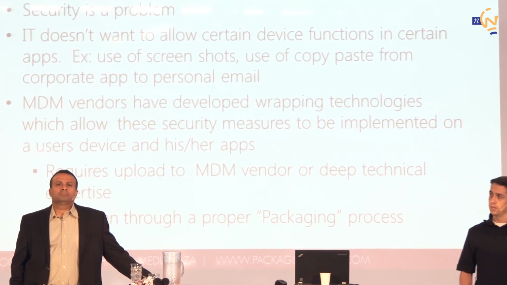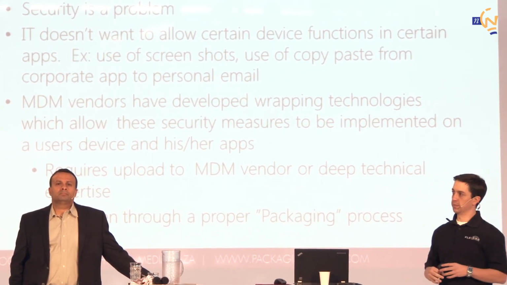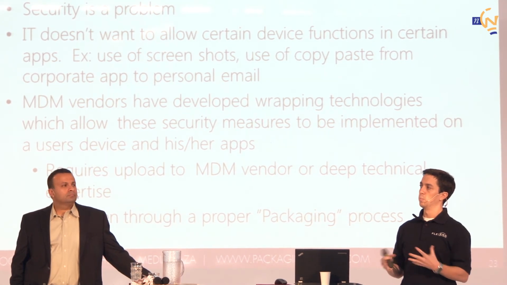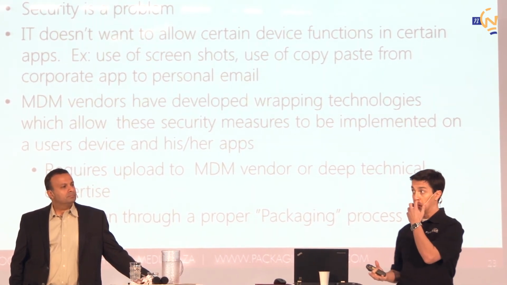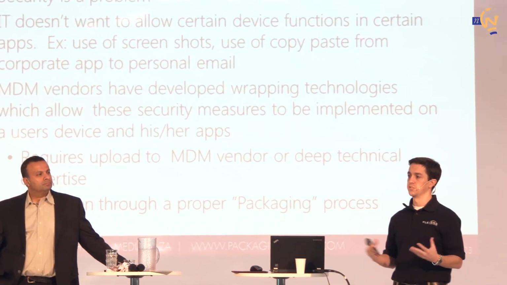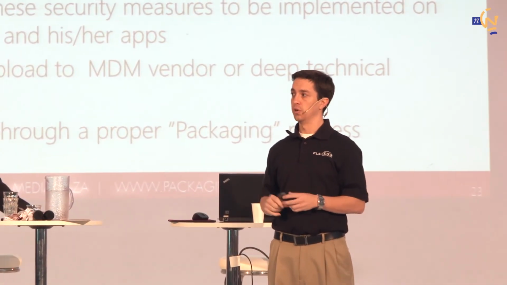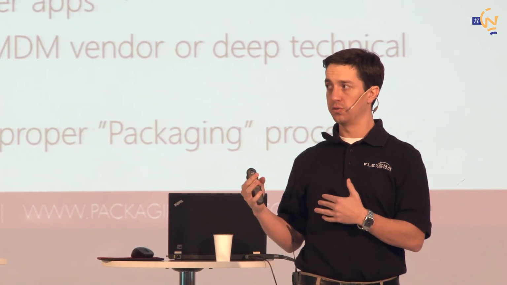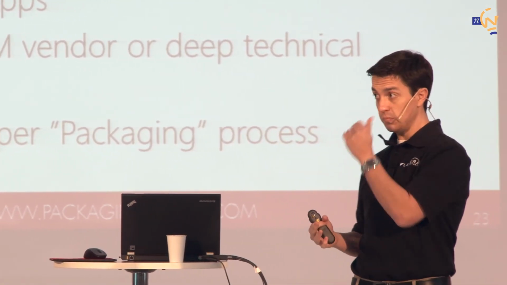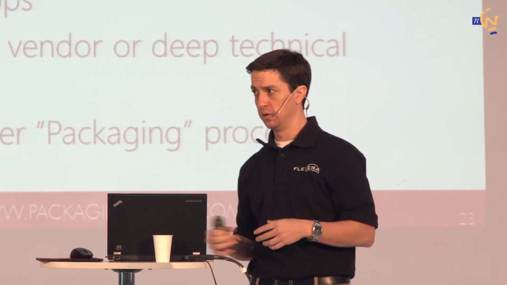So app wrapping. We talked about how employees are using both public and internal apps on their mobile devices. Obviously, that presents a security problem for the enterprise, right? IT doesn't want to allow certain things such as the use of screenshots or copy-paste into corporate email.